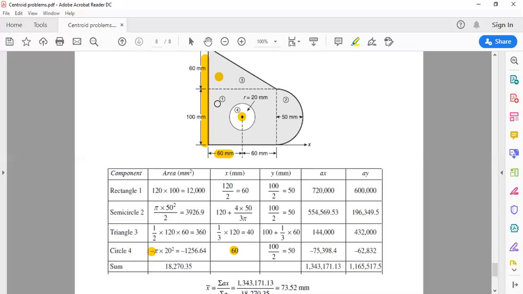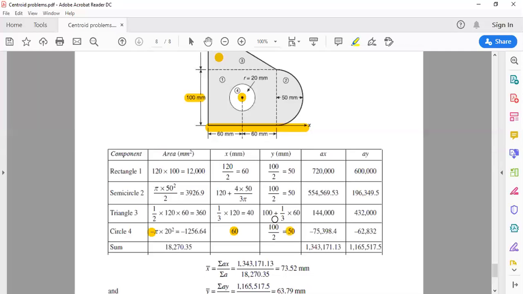Next I want y bar. The distance of the centroid from the reference x-axis is 100 divided by 2, because the circle is lying exactly at the center of the rectangle. So it is 100 divided by 2, which is 50.